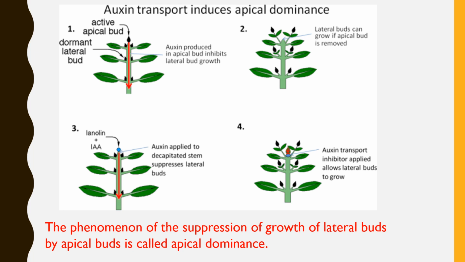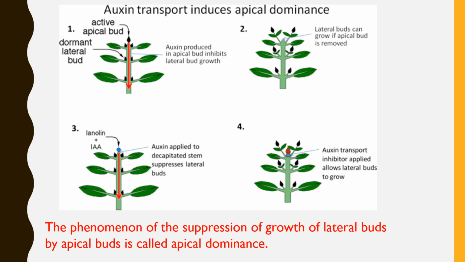Another important function of oxygen is it induces apical dominance. You can see in the picture, apical buds are active buds. They grow well. And the lateral buds which are grown on either side, they are dormant buds. They are inactive buds.